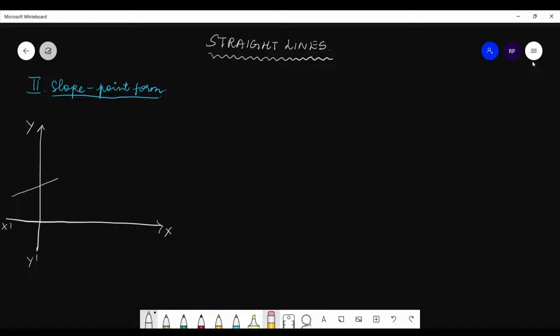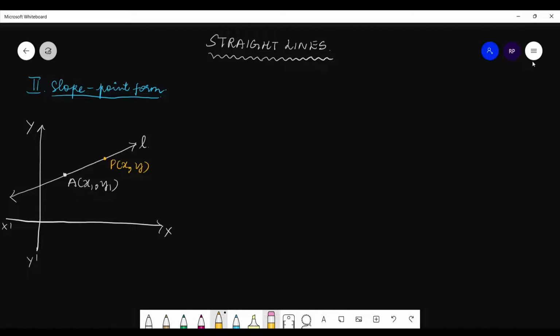Now, let me consider a line L. And on this line L, a point P of x comma y is present. So in these terms, we are going to find the equation, in terms of x and y. What I am going to do is take a point A, x1 comma y1, on the line.